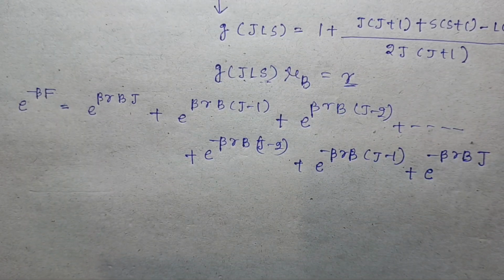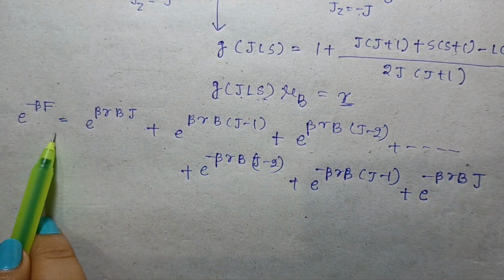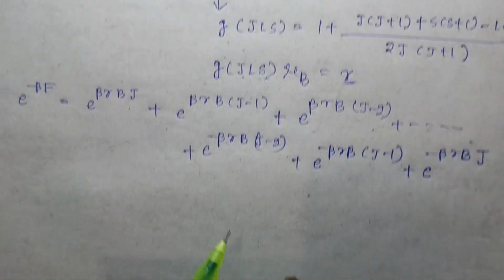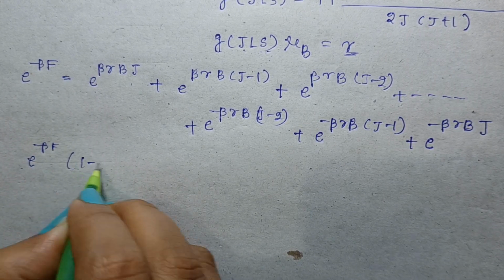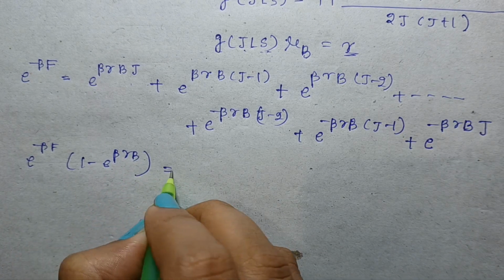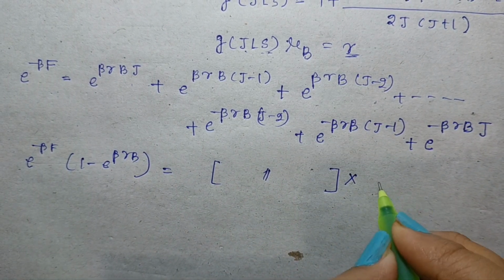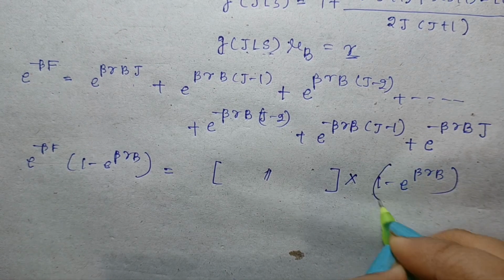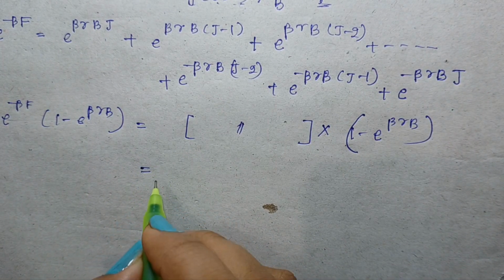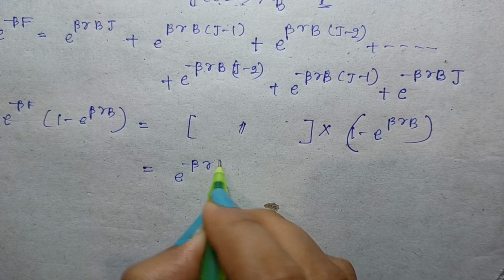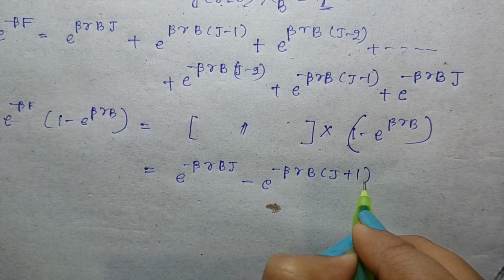So simply you just expand it, and now multiply both the left side and right side by the factor 1 minus e to the power beta gamma B. After some simplification, it will be e to the power beta gamma B J minus e to the power minus beta gamma B J plus 1.